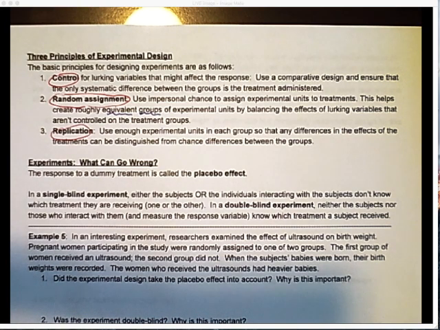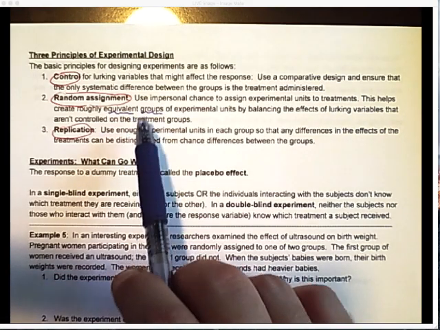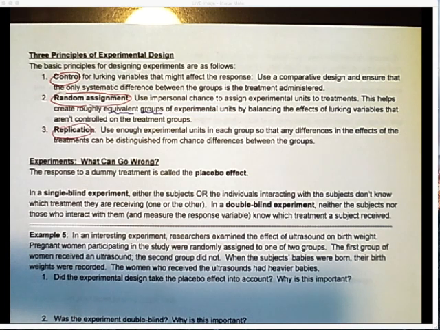If you have all men in one group and all women in the other group, then the groups are not equivalent, because men might have higher cholesterol to begin with than women. So if you're measuring reduction in cholesterol between 2 groups, if the groups are not roughly equivalent to start with, it's going to be harder to compare.